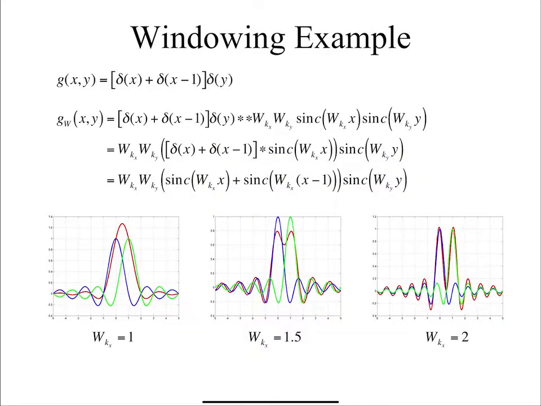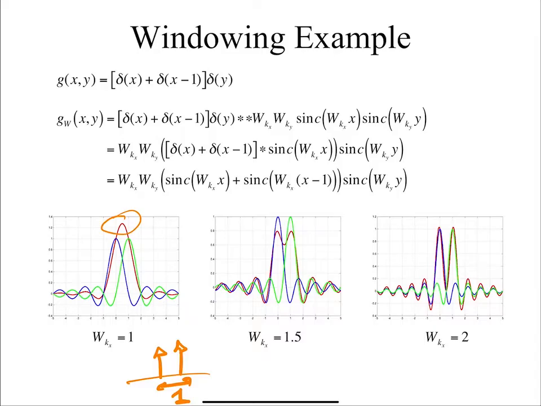Another way of thinking about it is if I have two delta functions that are spaced one apart, and I convolve each with a sinc function, when 1 over WKX is equal to the spacing of those two functions, we're right at the limit where they blur together to give you one function.